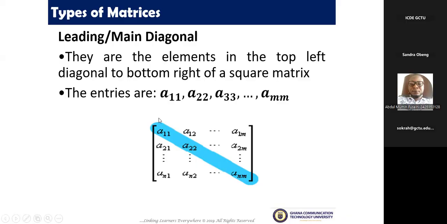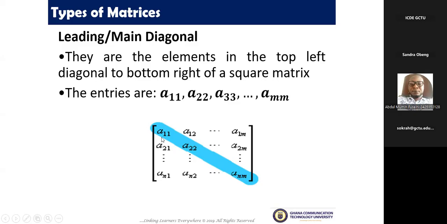You have the one from the top left corner all the way to the bottom right corner, then another one from the top right corner all the way to the bottom left corner. But when we refer to the leading or main diagonal, we are referring to the diagonal which begins from the top left corner all the way to the bottom right corner, as you can see highlighted in blue.